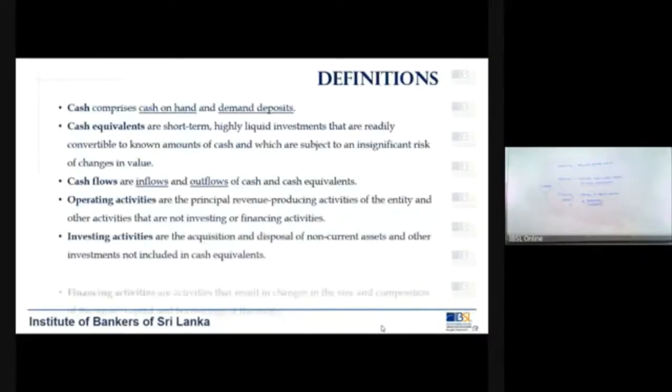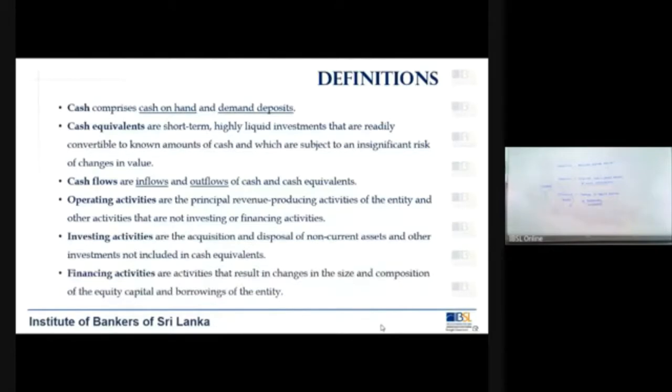Right, so the three definitions are given. Operating activities are the principal revenue producing activities of the entity and other activities that are not investing or financing. So all activities that you consider under operating activities will not be considered under investing or financing.